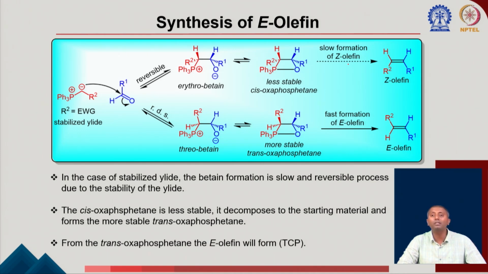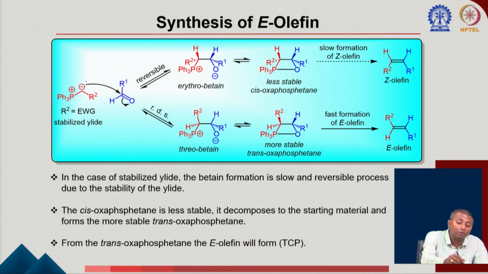Now the question comes, what is happening if you have a stabilized one? Now if you have a stabilized one, the important thing is that there are two possibilities. Once the attack happens here, as the corresponding carbanion is stabilized, this becomes the rate determining step.